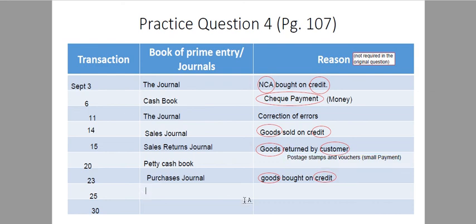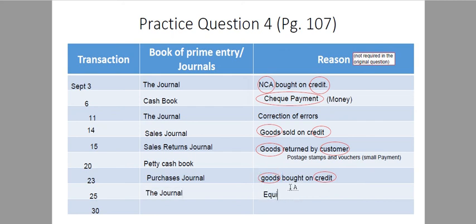The next one on 25th is some of the new equipment was found to be faulty and was returned to the supplier. So again, this is opposite of what happened on 3rd of September. So you are returning some of the equipment. So you are returning a non-current asset, so that would go in the journal. So equipment returned.